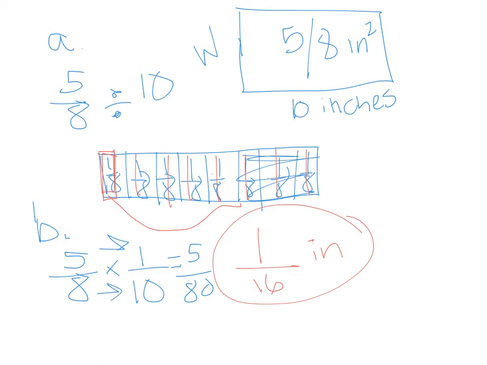If I reduce, 5 divided by 5, I get 1, and 80 divided by 5, I get 16. Again, I get the same answer of 1/16 inches for the width of that rectangle. All right.